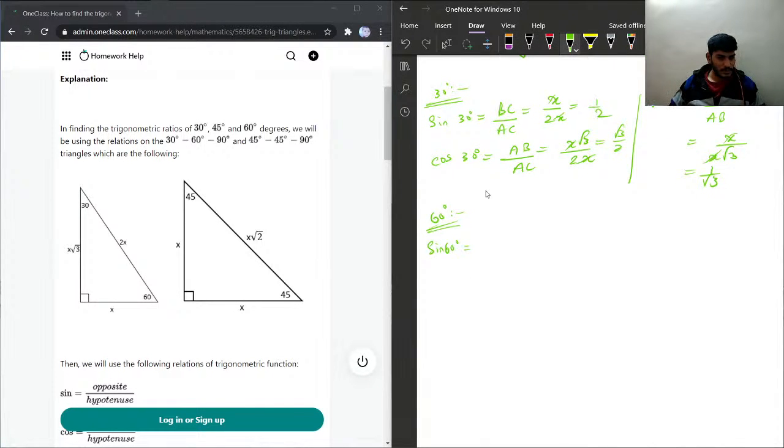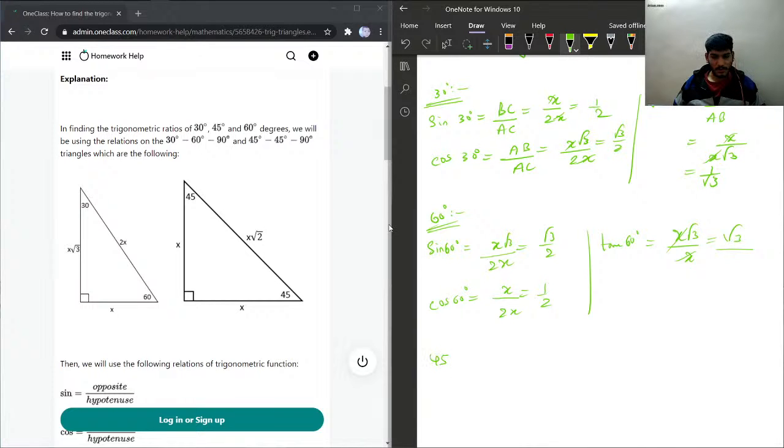So the opposite side is x root 3 and hypotenuse is 2x. This will become root 3 by 2. Cosine 60 will be adjacent x over hypotenuse 2x. So this will be 1 over 2. Tangent will be opposite over adjacent. This will be root 3.